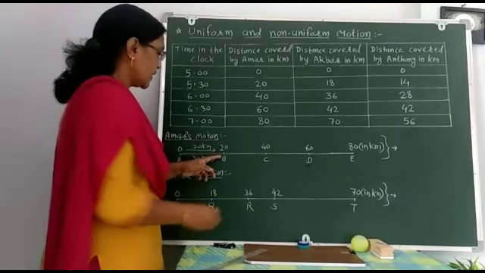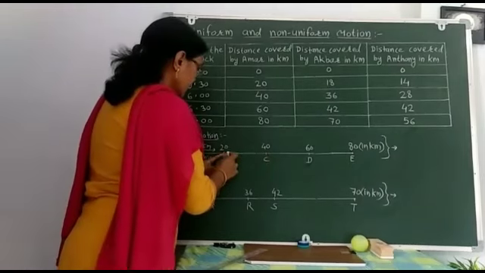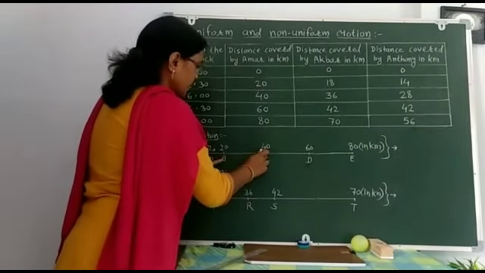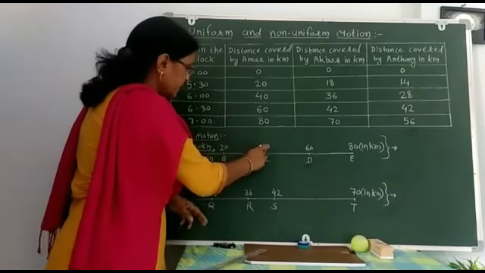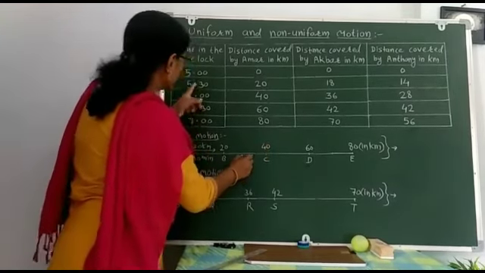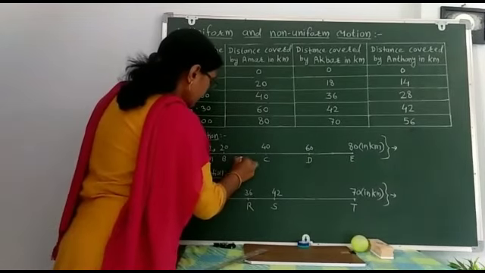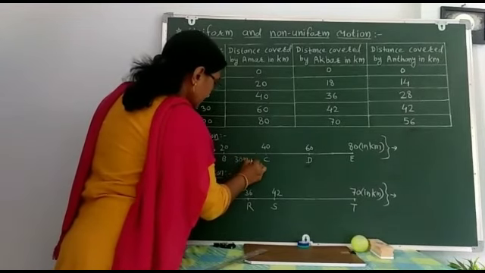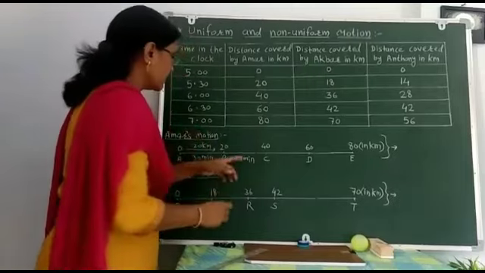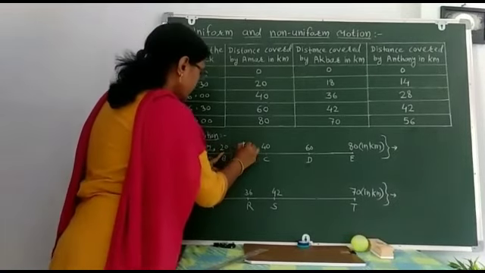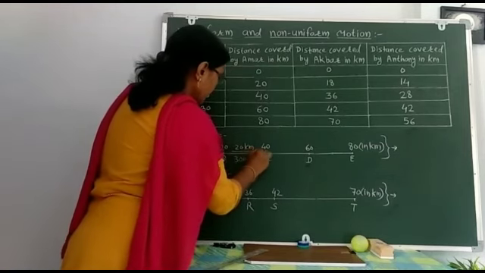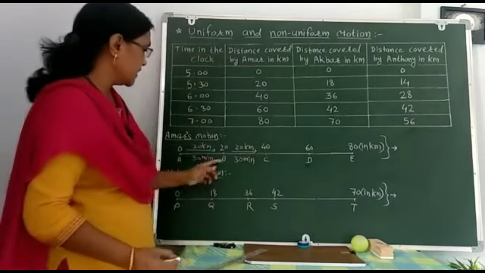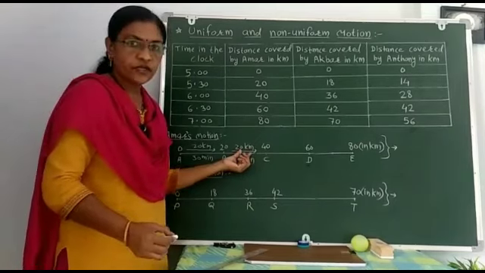Now from B to C, at point C he covered the distance 40 kilometers. Here also the time interval is 30 minutes. In 30 minutes he covered the distance 20 to 40, means 20 kilometers. B to C he traveled a distance in the second interval 20 kilometers.